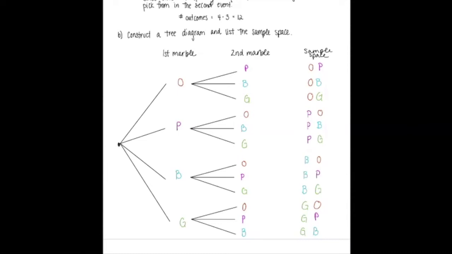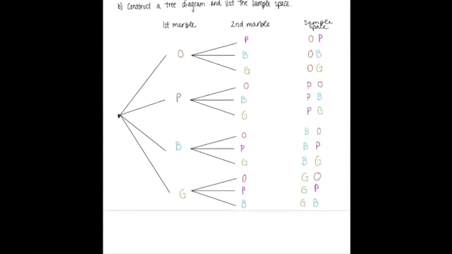So it just makes life a little bit easier when you start to have a lot of things going on, because now I know every outcome. So if I ask you now about certain probabilities, I can use this list to really help me out instead. Does this make sense so far? Okay.